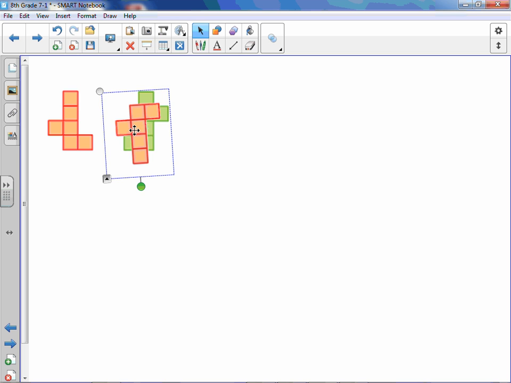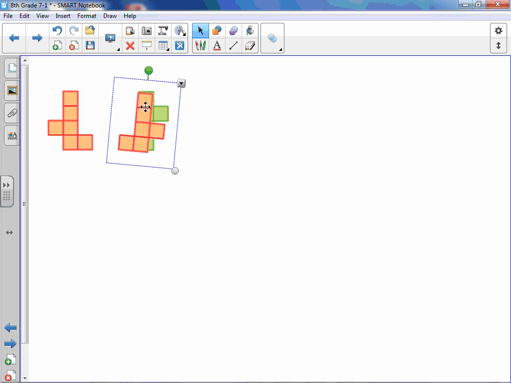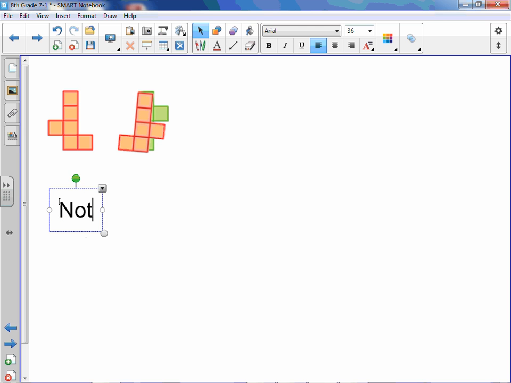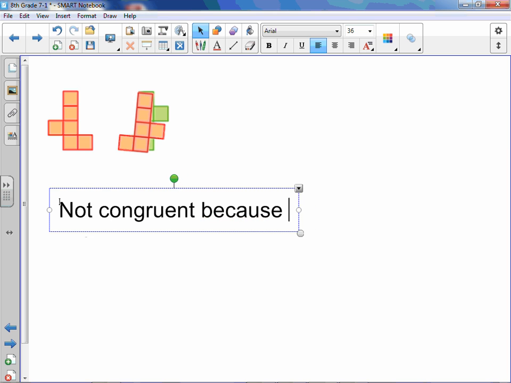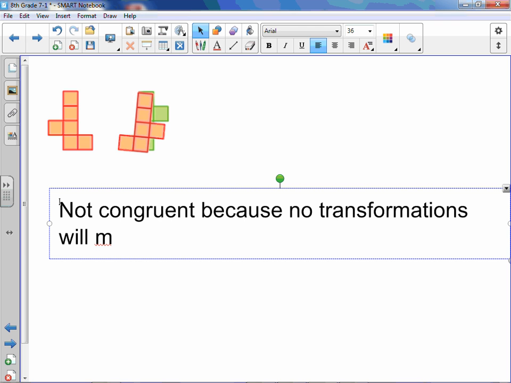It will never match up to the shape. They're completely different shapes. Okay? So this one we are going to say that they are not congruent because no transformations will match the two figures up exactly.